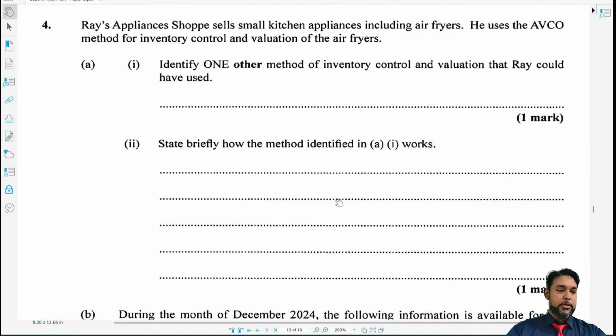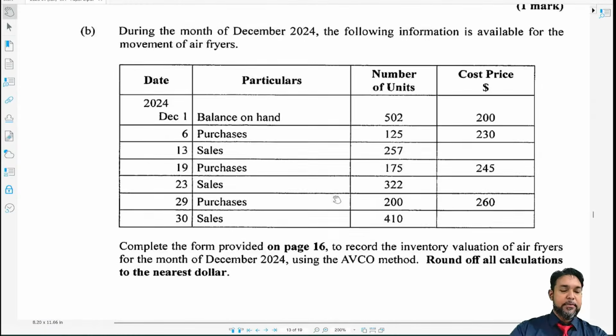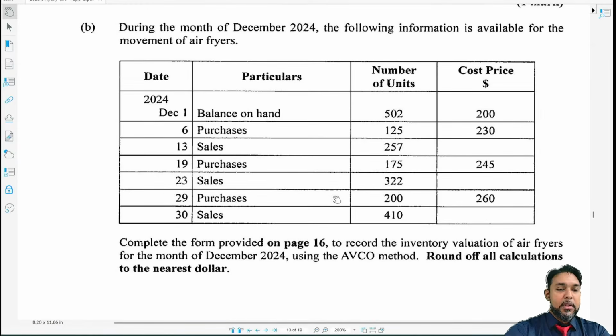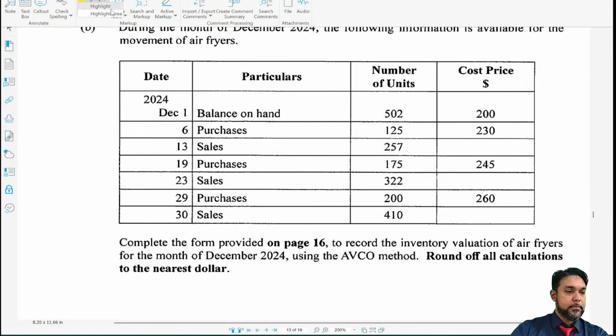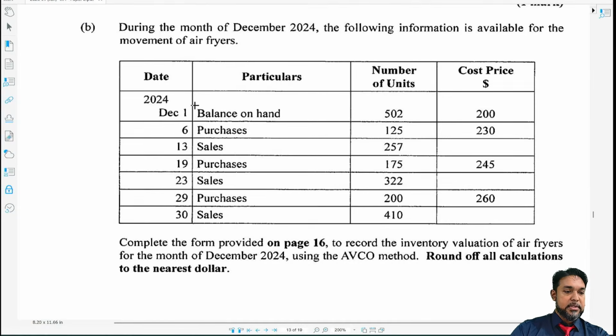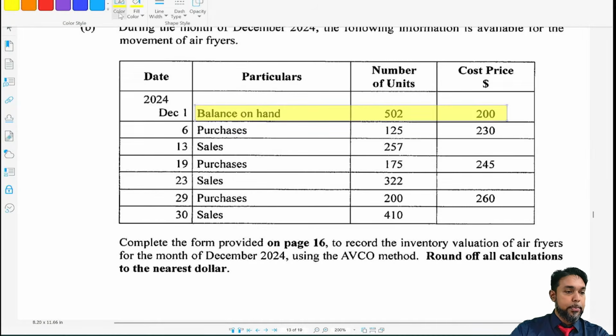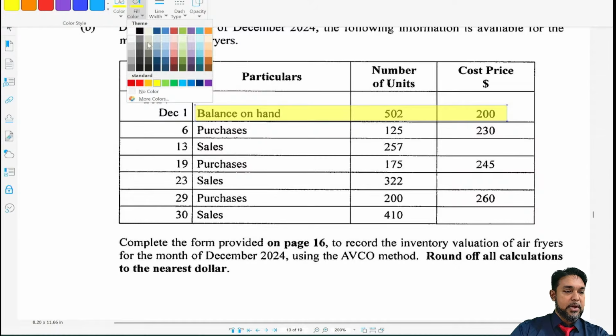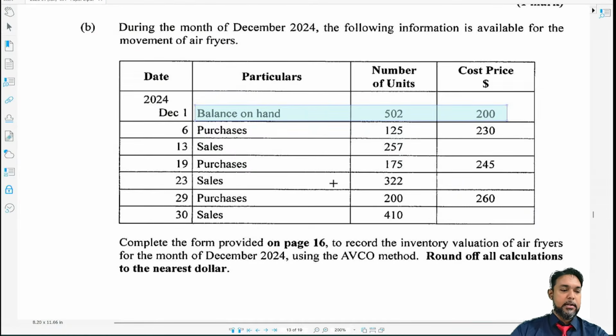All right, so the question says, during the month of December 2024, the following information is available for the movement of air fryers. So let's get some colors going here. At the start of the month, we have a balance on hand. Balance on hand is basically your opening inventory. Let's put that one in a little, I don't want to put gray. Gray for me means that's not being considered. So let's use a light blue. Okay, cool. I like that color.